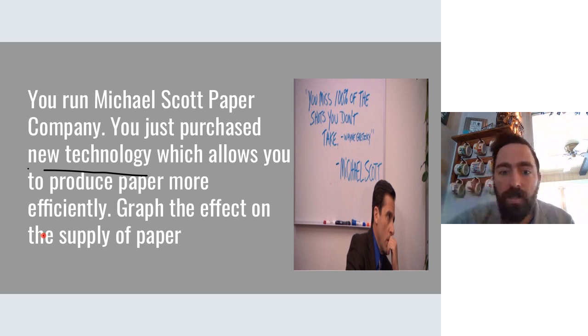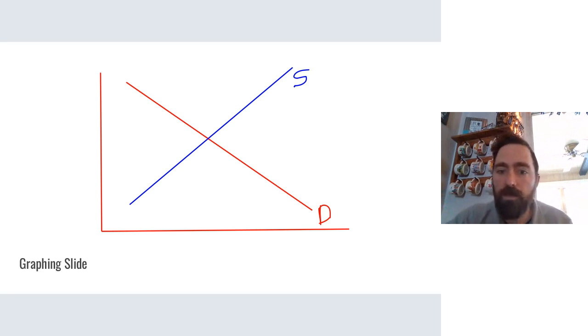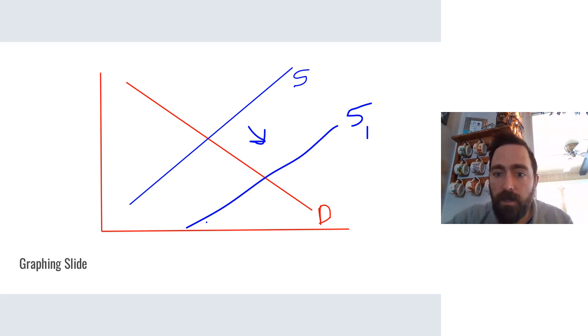Supply. And I kind of give you the answer here. But let's say on a test, it's just saying graph it. It's not saying supply. Technology is a giveaway. It's going to be supply. All right, so since you have more technology, now you can churn out more paper at a quicker pace because of the increase in technology, S to S1.